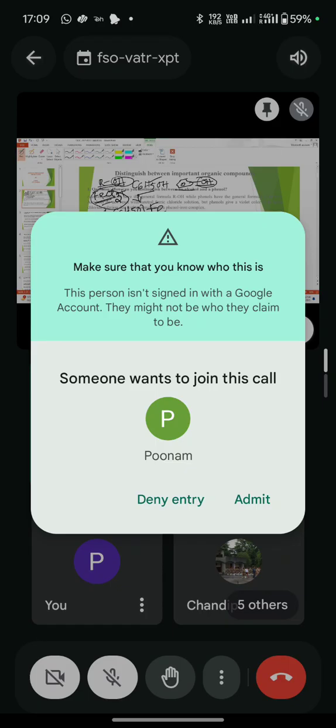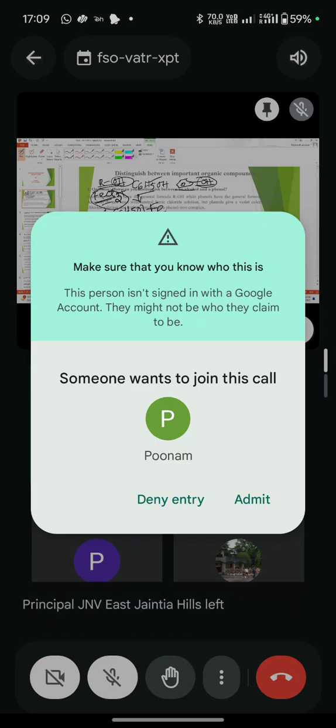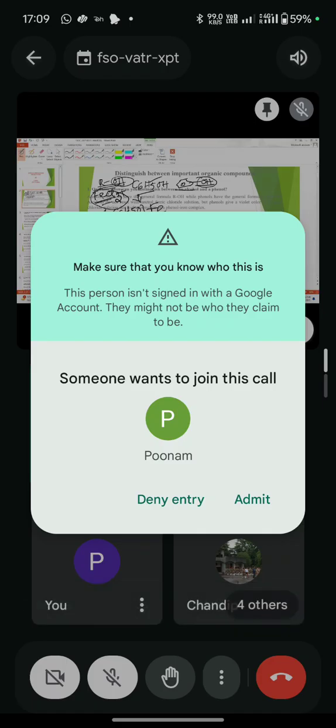Actually, phenol reacts with FeCl3 and forms a phenol-iron complex, which has a violet color, but alcohol does not react with FeCl3. Okay, clear, my dear students?